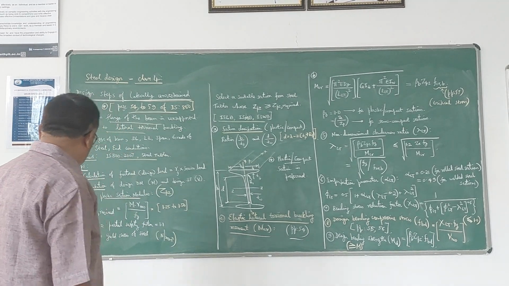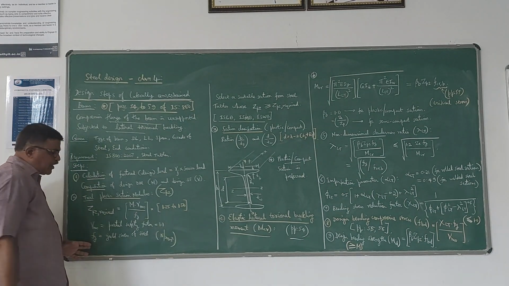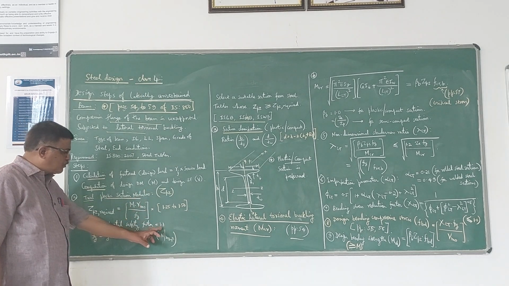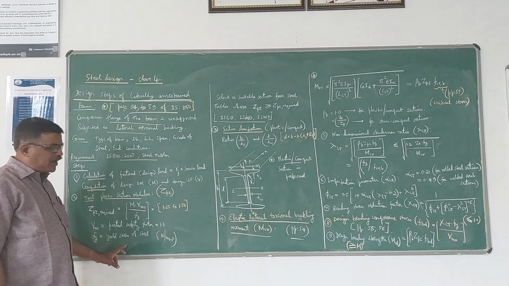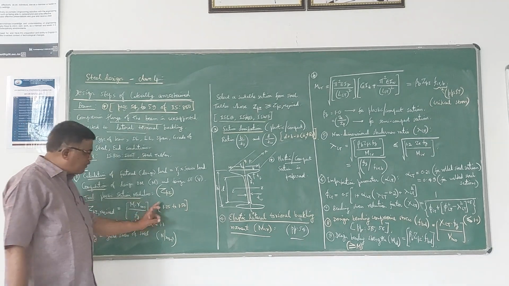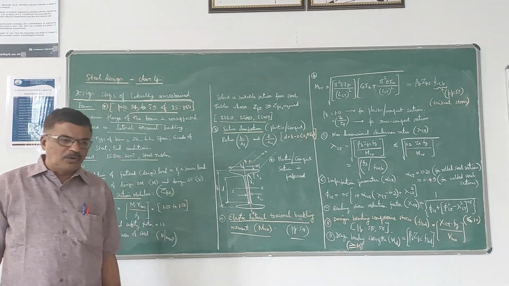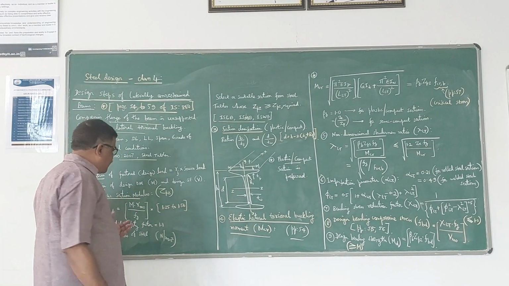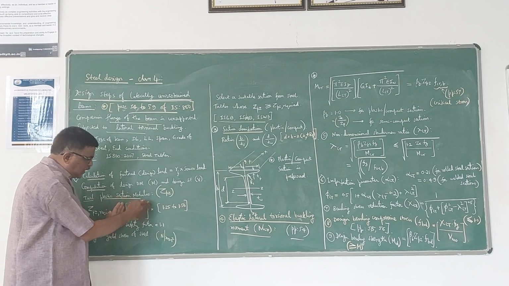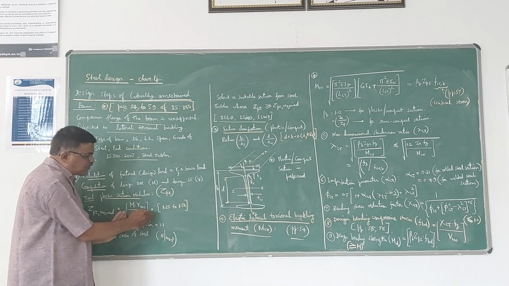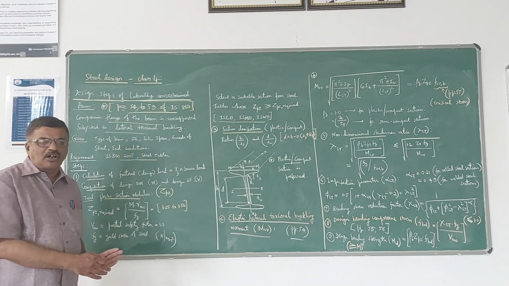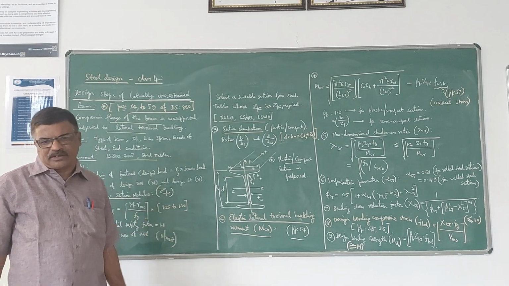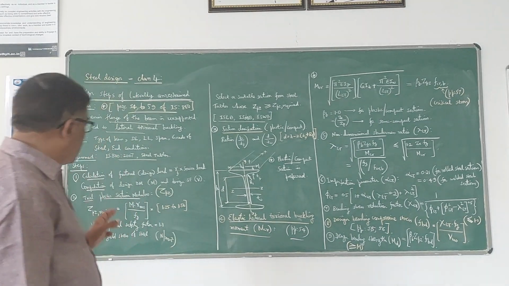We substitute that value and simplify. Knowing the M value, gamma m0 as 1.1, and the yield stress depending on the grade of steel, that should be multiplied by 1.25 to 1.5 as a multiplying factor. In the case of a laterally restrained beam, only this is the formula. In the case of an unrestrained beam, due to the effect of lateral torsional buckling, we increase the value by 25 to 50%. That is why it should be multiplied by 1.25 to 1.5.